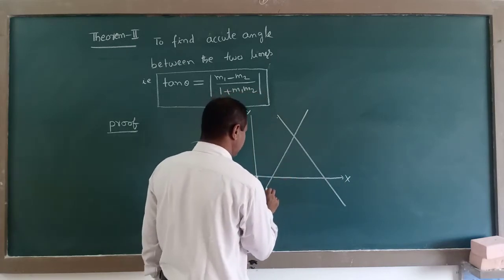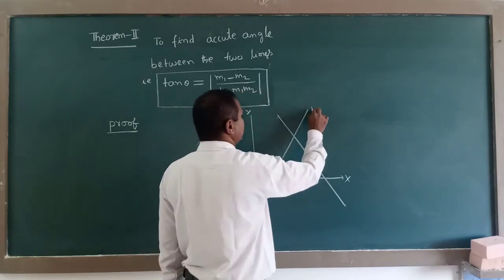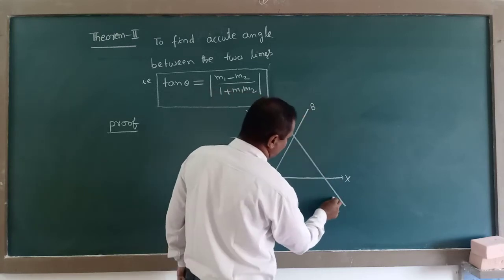AB is one line, here A and B, and CD is one line.